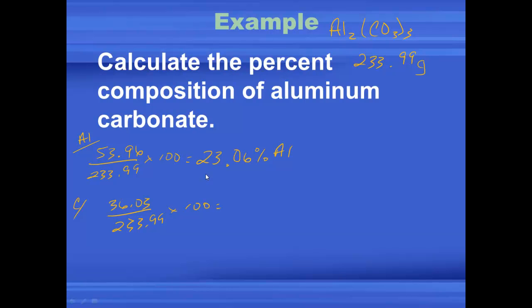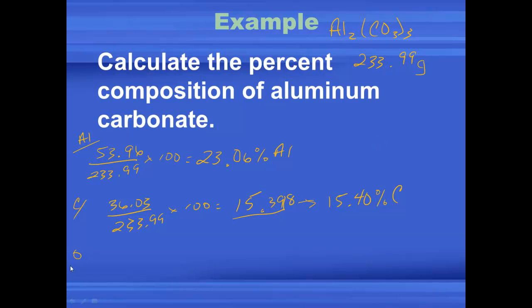Whoops, I made a math mistake. 36.03 divided by 233.99 times 100. And again, this should be 4 sig figs, so that's 15 point... Well, I got 398, but I want 4 sig figs. So that's really 15.40% carbon for that one.